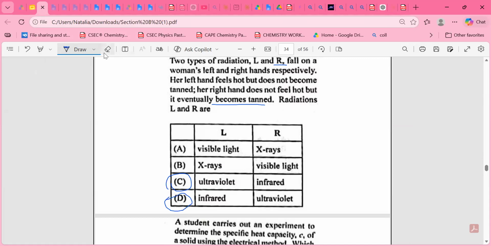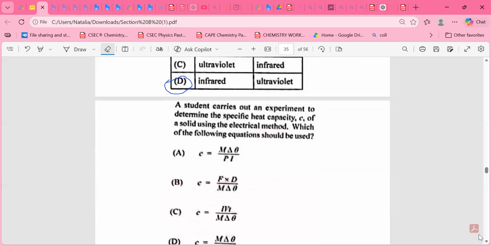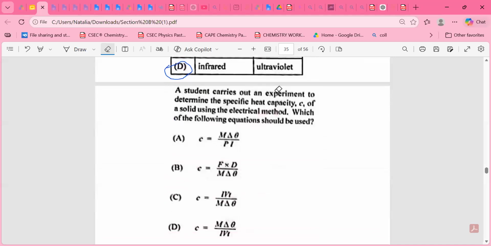So the answer is... Deja was correct. A student carries out an experiment to determine the specific heat capacity C of a solid using the electrical method. Which of the following equations should be used?